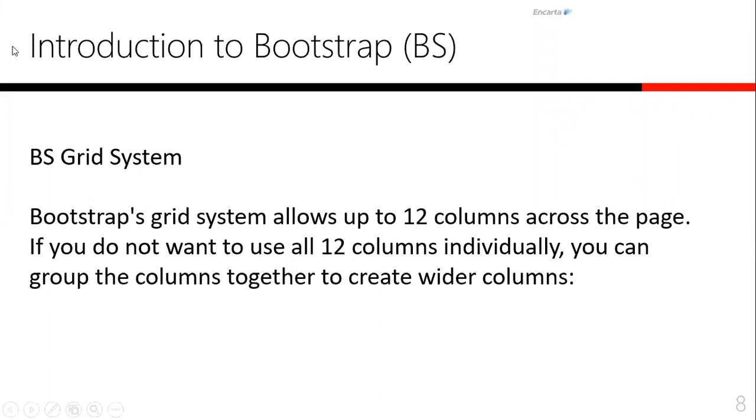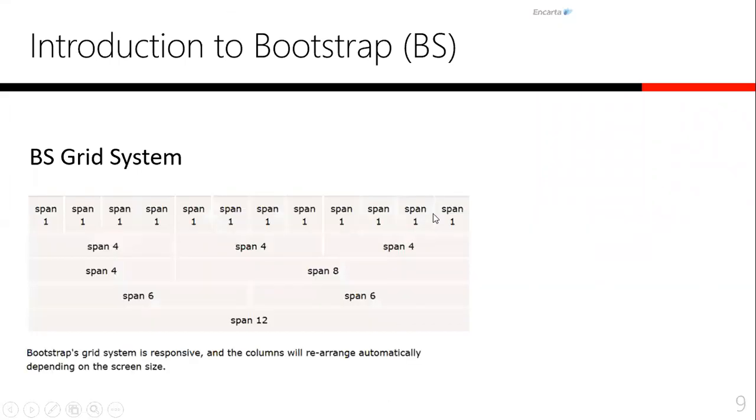So what that means is, the way my screen is, Bootstrap has divided it into 12 columns. Something similar to what you are seeing here. So each column takes its own space. So the entire screen is 12 columns.